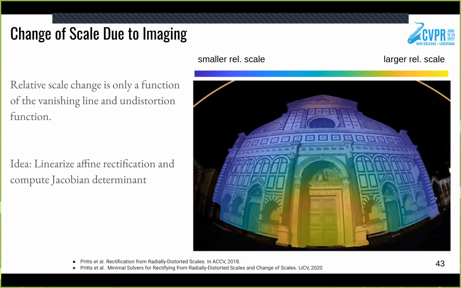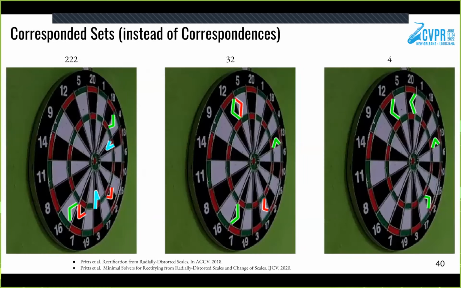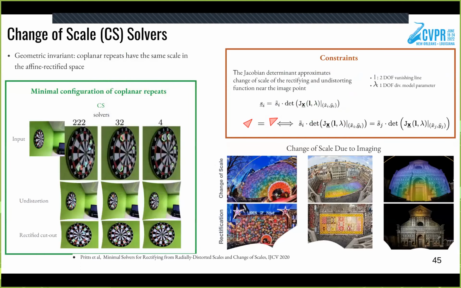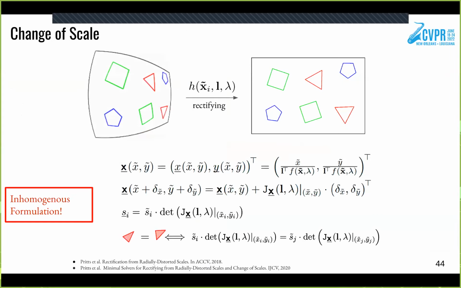When you rectify, as you've seen in these prior images, the idea is that it's changing the scale of the image locally to perform that rectification. And that color map is representing that change of scale.